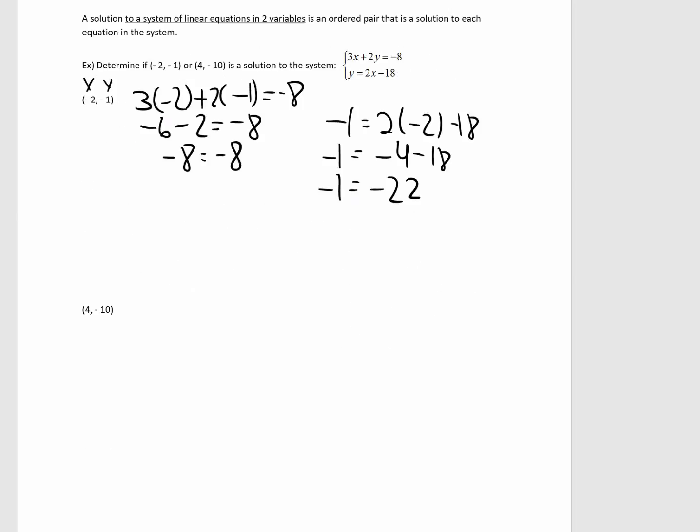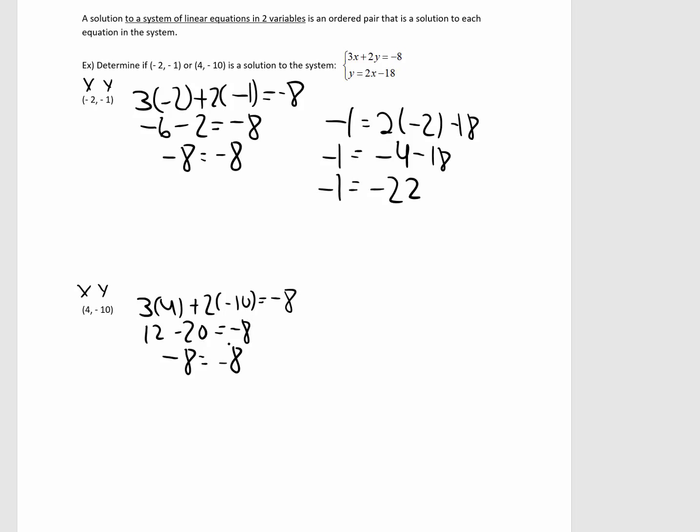Now, let's check (4, -10). So I'll start with the top equation. So we can see (4, -10) is a solution to the top equation.